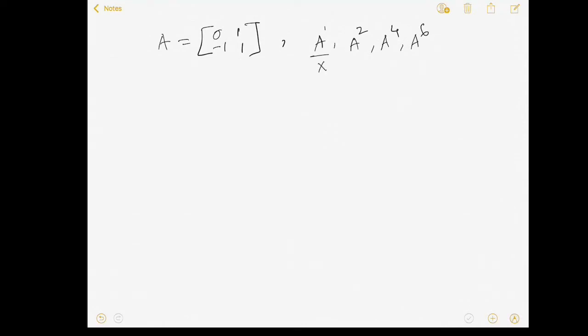Now of course one can solve this by just finding the matrix powers, that is A power 2, A power 4 and A power 6, and one has to check whether one of them is identity. But those matrix multiplications involve huge calculations.